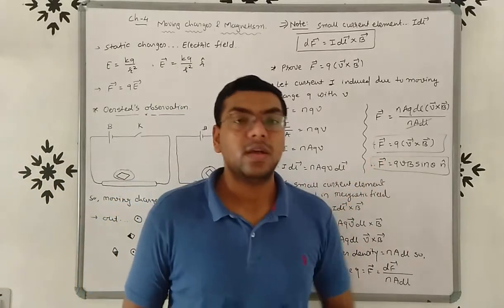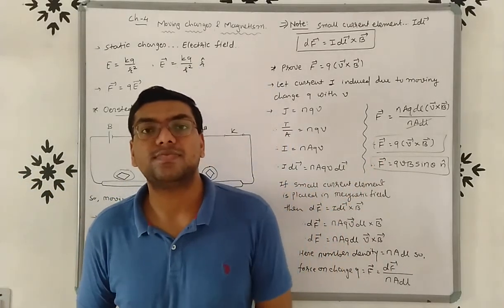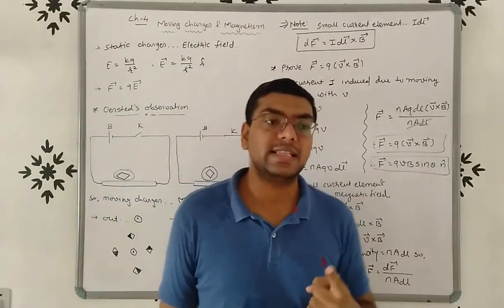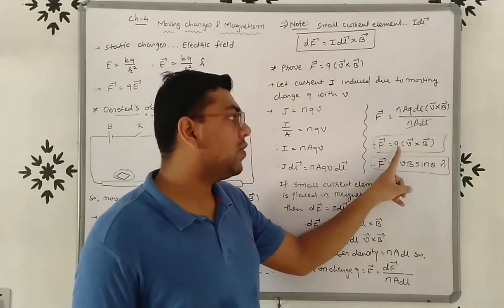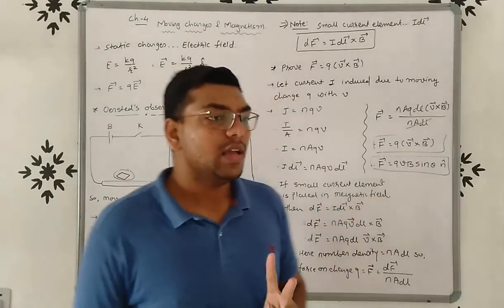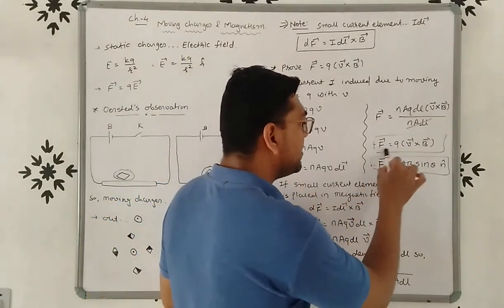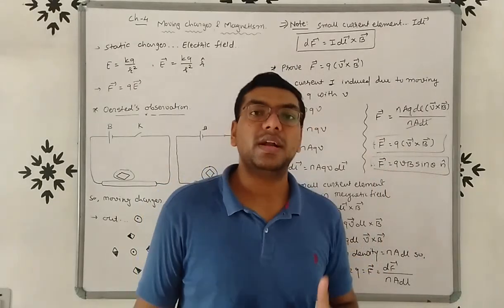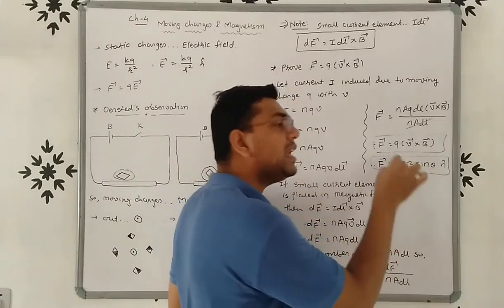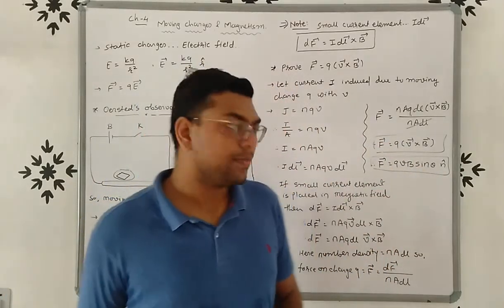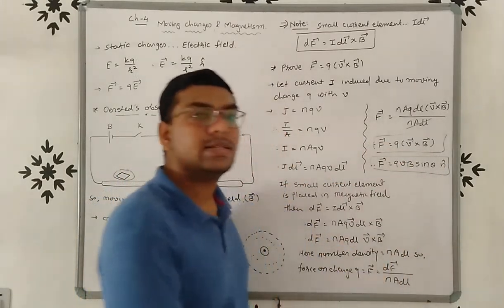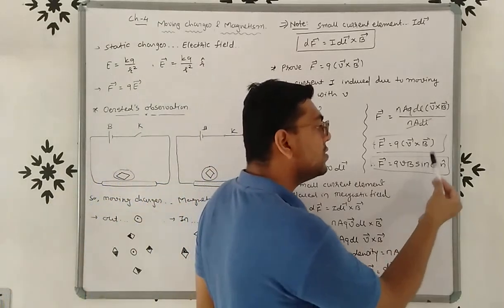Again friends, what are the features of this formula F is equal to Q into V cross B? First, the force depends on charge Q, velocity V and magnetic field B. Second, if the charge is positive, then F is equal to Q into V cross B, but if the charge is negative, then vector F is equal to Q into B cross V. Third, if the directions of V and B are the same, then force will be 0, because sin 0 is 0.